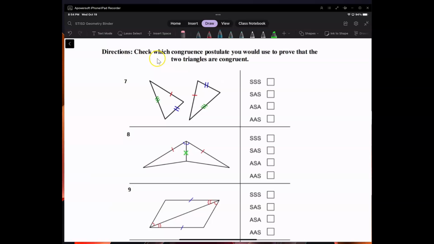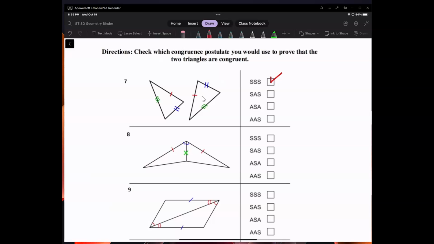Directions. Check which congruence postulate you would use to prove that the two triangles are congruent. So you notice that we have these two triangles and we have three sets of corresponding sides. So definitely we can use the side, side, side postulate.